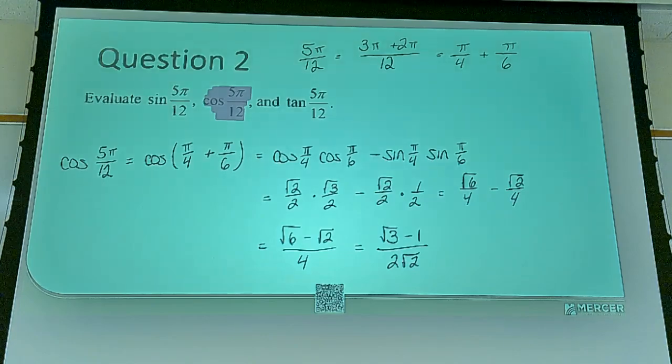We should also know what tangent's going to be. But again, we'll just verify it.